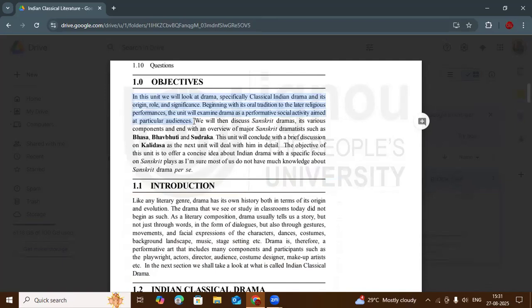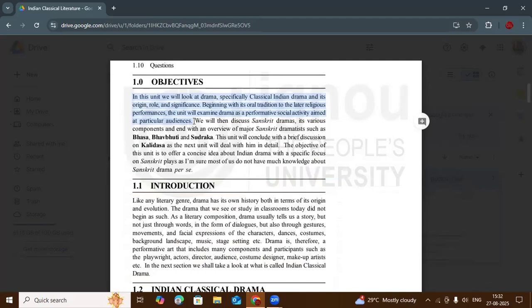The unit will examine drama as a performative social activity aimed at a particular audience. We will then discuss Sanskrit drama, its various components, and end with an overview of major Sanskrit dramatists such as Bhasa, Bhavati, and Shudraga.